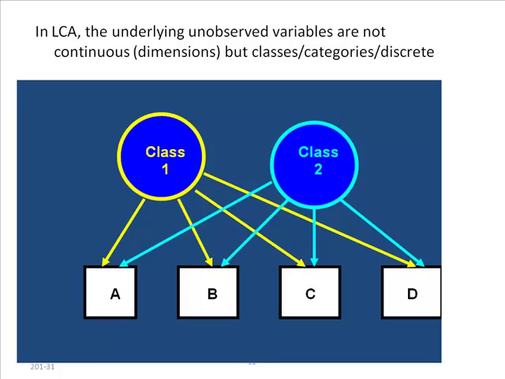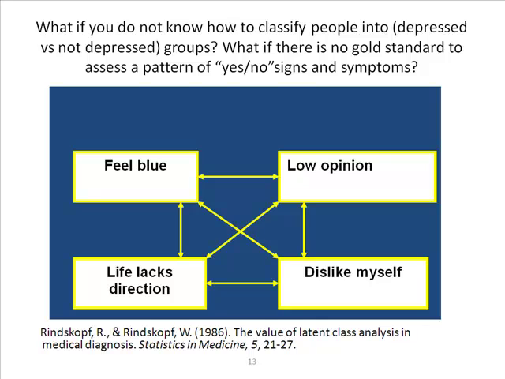What makes one person more likely to be in a depressed class versus another person? So we're interested in finding out the underlying latent classes, not latent continuous dimensions. If you're interested in a single latent continuous dimension or two latent continuous dimensions, we will do factor analysis. In latent class analysis, we're interested in the underlying categories or classes, discrete categories. This is also very common in social sciences, also in the health sciences.